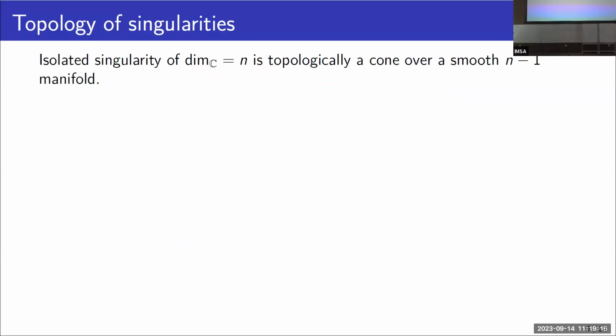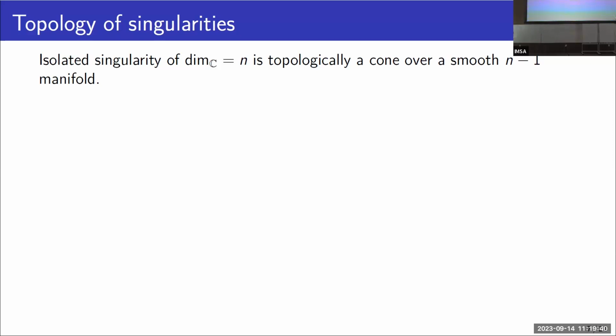So let's start with the singularity. If we have a complex dimension n, then it's an isolated singularity. So if you look at the neighborhood, it looks like a cone over something, and the something is a smooth n-1 manifold.